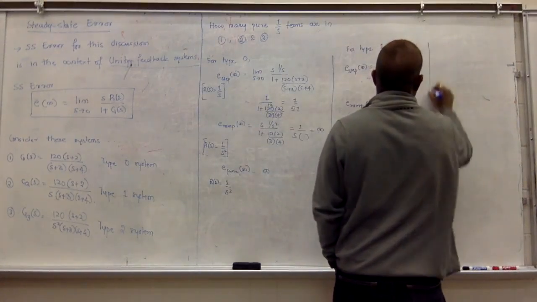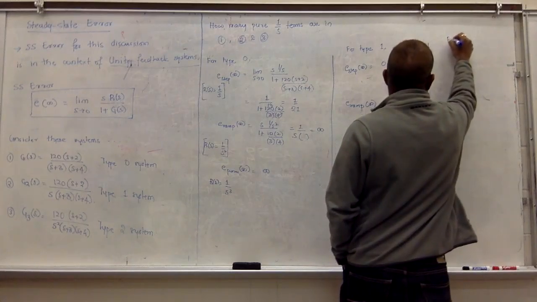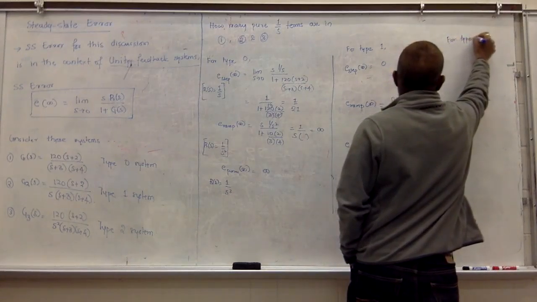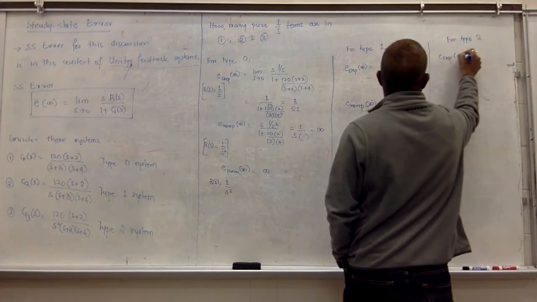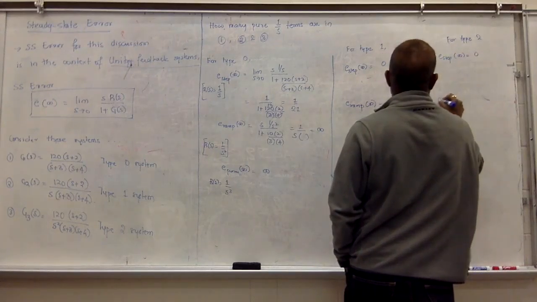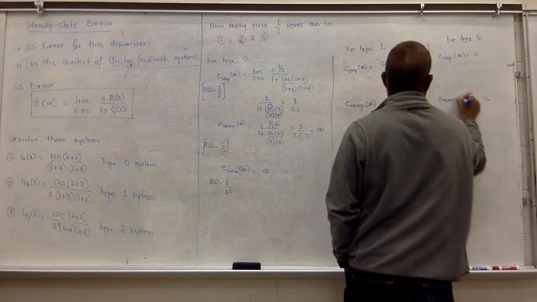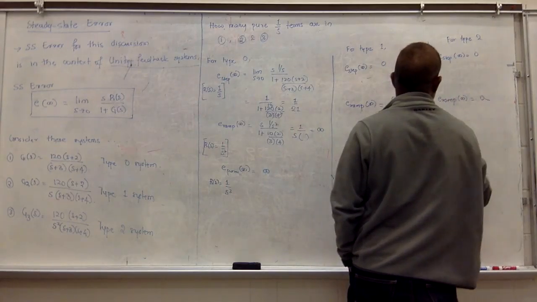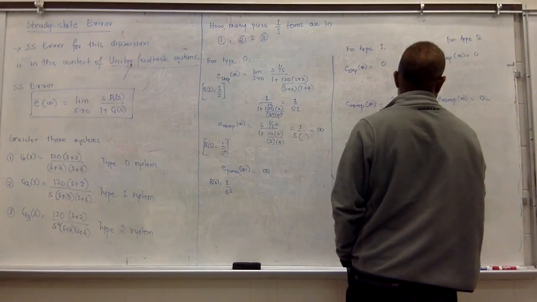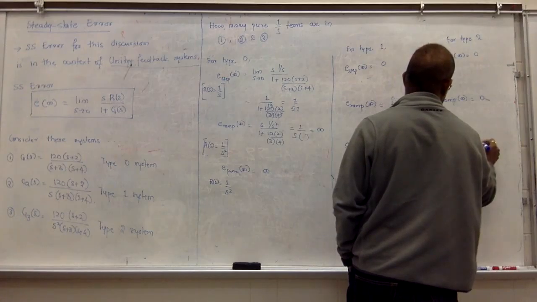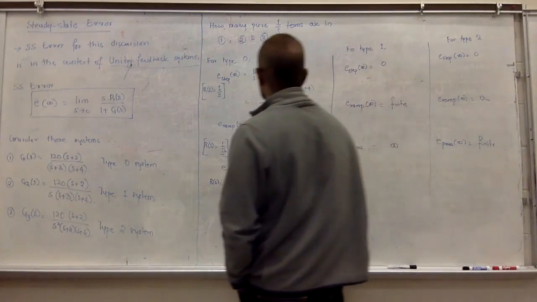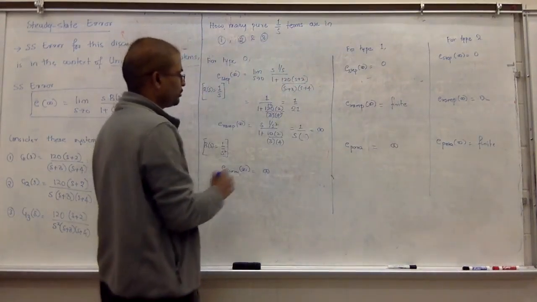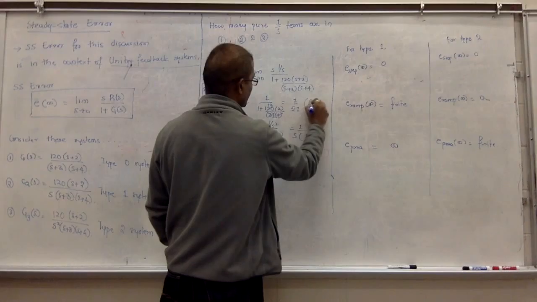And again, to continue this discussion for type 2, E step would be 0, E ramp would be 0, and E parabolic would be finite. When I say finite, I mean just a finite value.